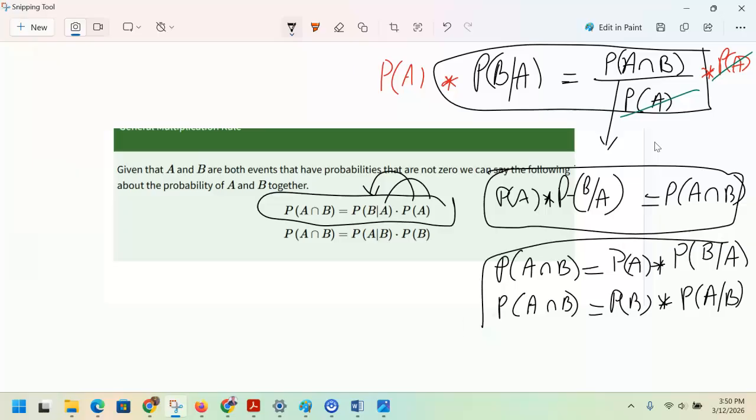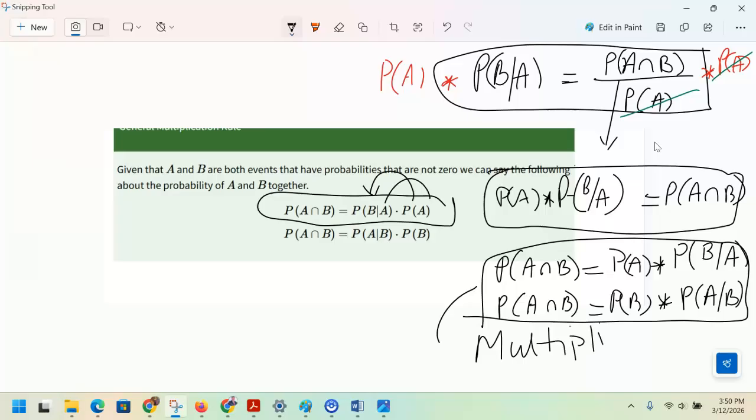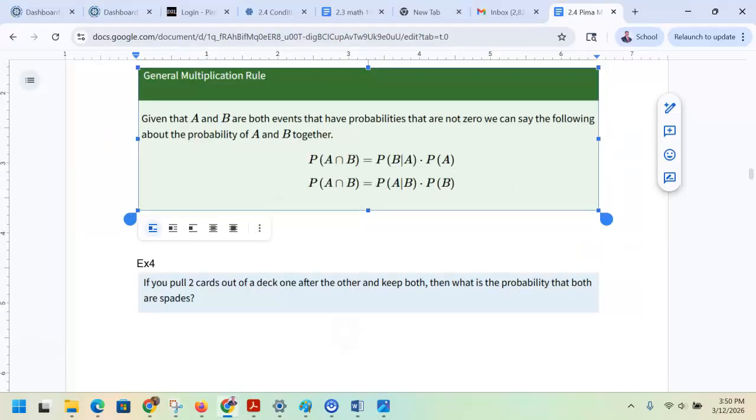So these are called the multiplication rule of probability, and let's see how we can use this multiplication rule of probability. Let's take an example.